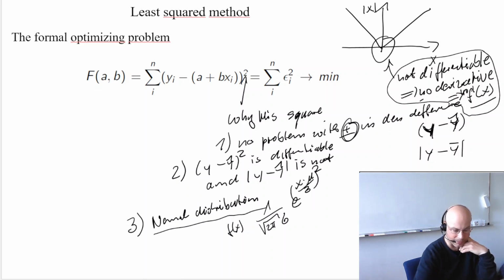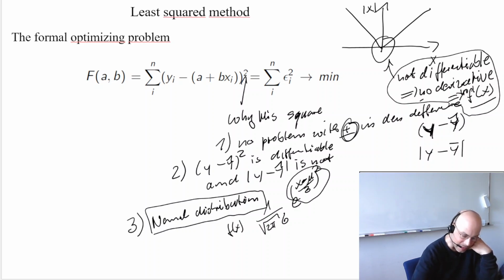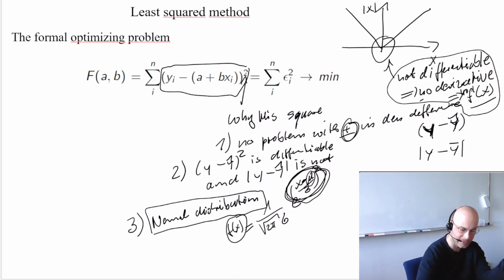And we know of the really great importance of the normal distribution. The normal distribution has in its density function this quadratic difference from the mean. And therefore, taking the quadratic difference here is directly connected with the normal distribution.